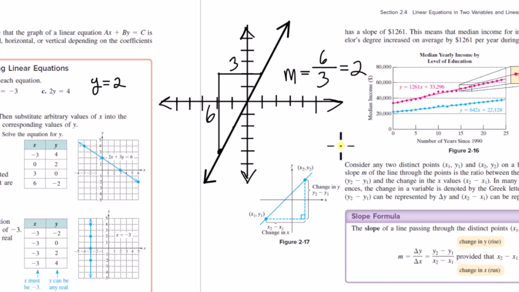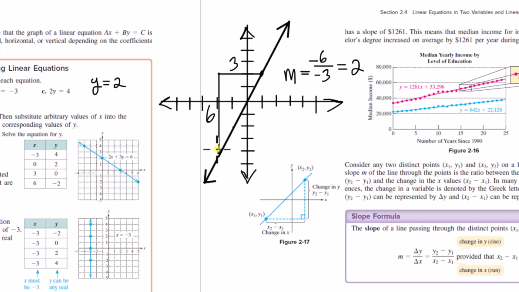So the slope is 2, just like what we calculated originally. 3 units in the positive x, 6 units in the positive y. But notice, we could also start at this point and move to this point. In that case, we would go -3 units in the x and then -6 units in the y. So -6 divided by -3 is still +2.